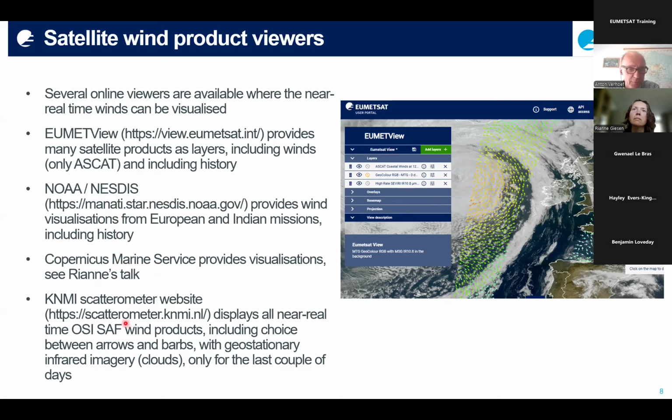And finally, we have the KNMI Scatterometer website, where we show wind data from all the near real-time OSI SAF wind products. You can choose between arrow displays and barbs and some other options. It also has geostationary imagery in the back, but it only shows the data for the last couple of days, so there's not much history on this site.